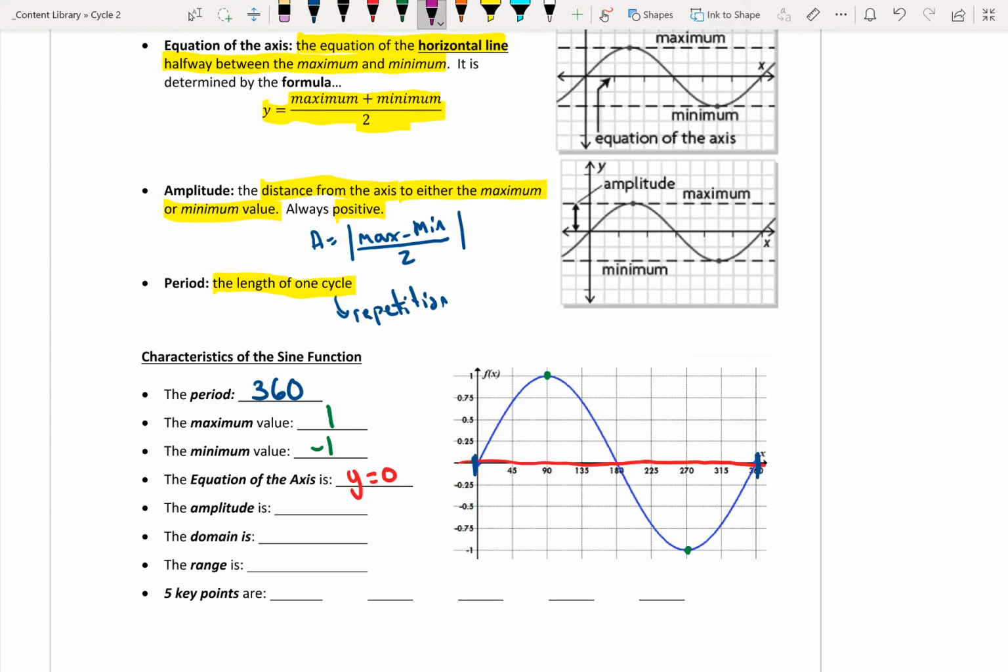Our amplitude is the distance from the axis to the maximum or from the axis to the minimum, and in either case it will be 1. And finally our domain: x equals any real number, and our range: y equals any real number, however it goes from -1 to +1.